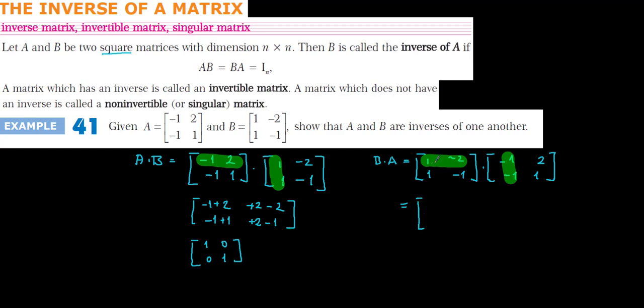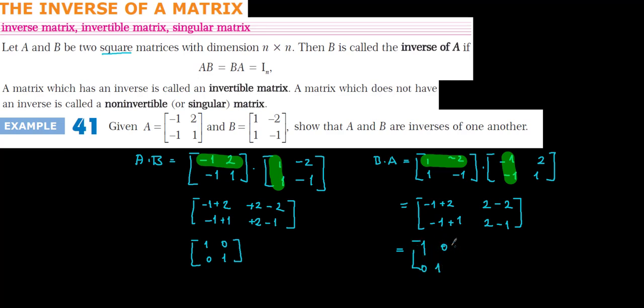Minus 1 times minus 1 is equal to minus 1. Minus 2 times minus 1 is equal to plus 2. 1 times 2 is equal to 2. Minus 2 times 1 is equal to minus 2. 1 times minus 1 is equal to minus 1. Minus 1 times minus 1 is equal to plus 1. 1 times 2 is equal to 2. Minus 1 times minus 1 is equal to 1. Which gives [1, 0; 0, 1].